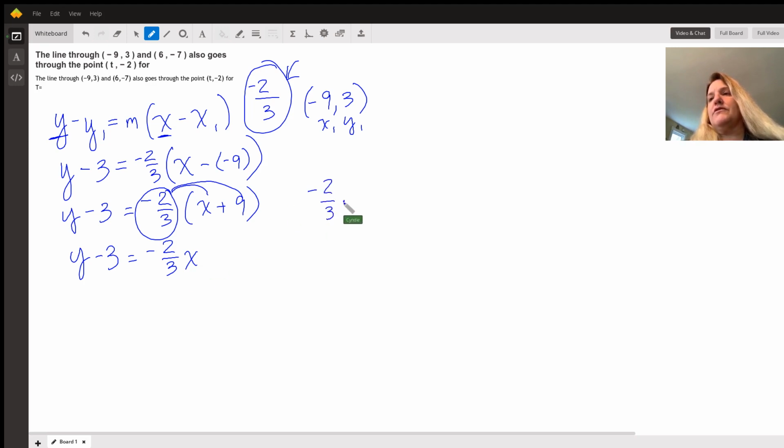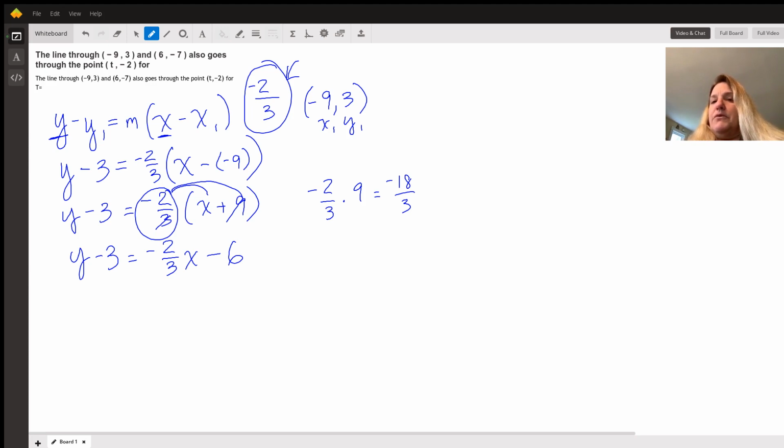So -2/3 times 9 is equal to -18 over 3. -18 over 3 is -6. So this would be a -6. Now, we could have canceled out the 3 right here with the 9, but I just wanted to show you exactly what was going on there, how the -6 was coming about.